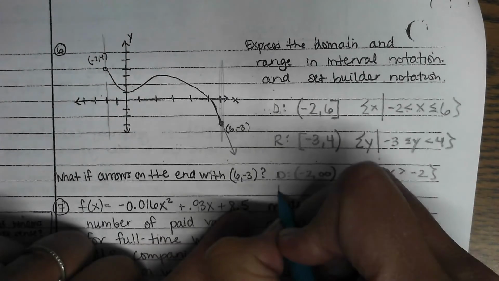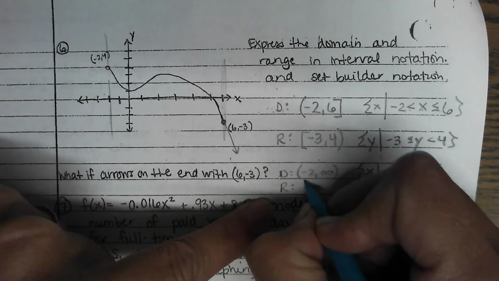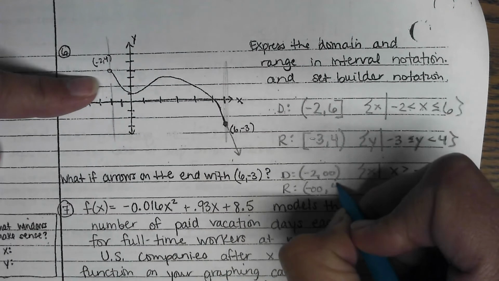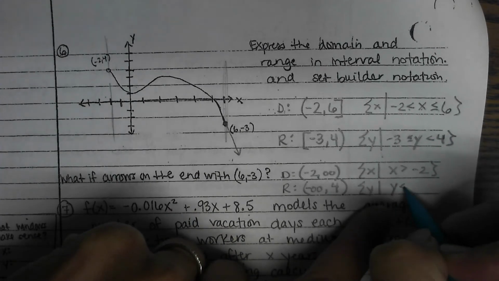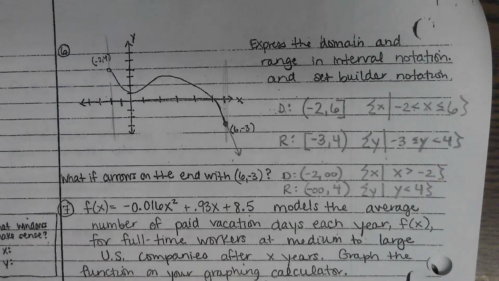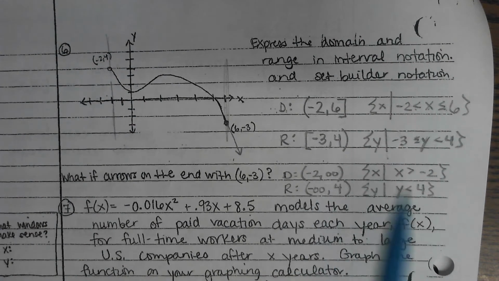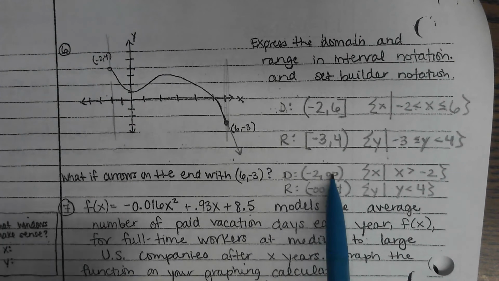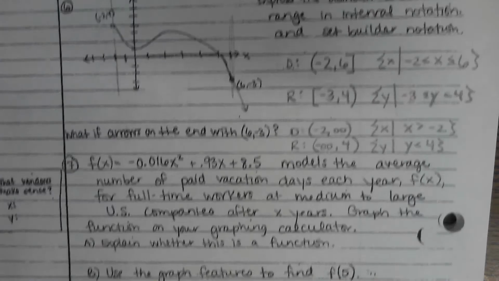And if it was the range, the lowest would be negative infinity to the highest would be 4 and not including 4. So that would be the set of all y's such that y is less than 4. And infinities always use parentheses, and it has to go smallest to biggest, low end to high end. Okay, so last one here is a word problem.